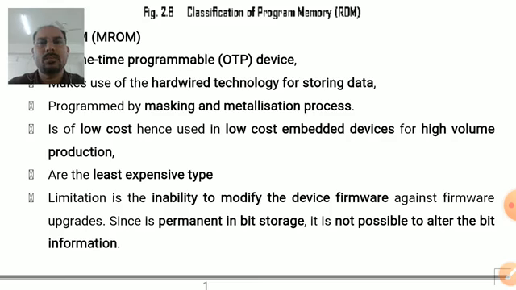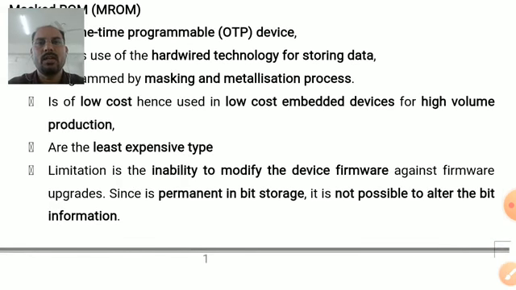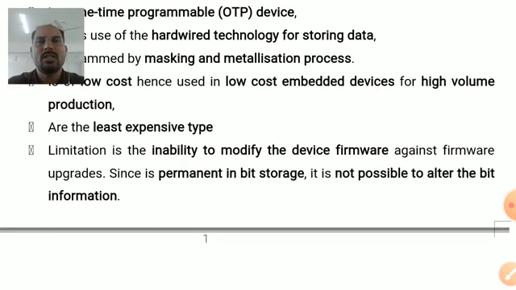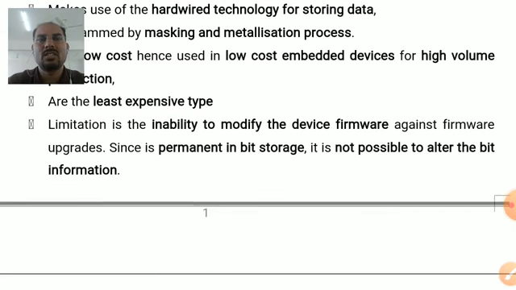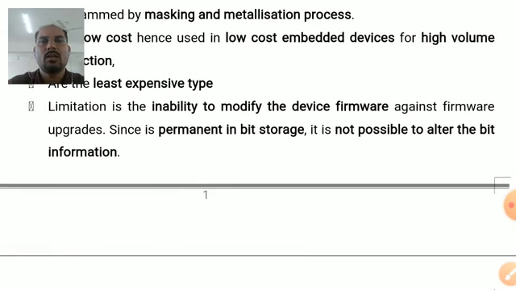These are the least expensive type of memory, and this type of memory has a limitation, that is inability to modify the device firmware against firmware upgrades. Since it is permanent, it is not possible to alter the bit information.